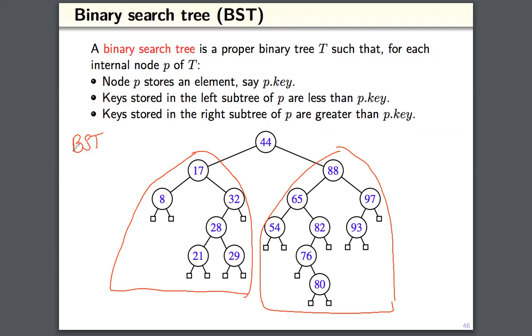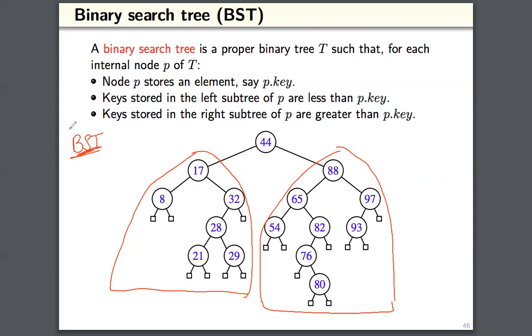Typically, when we say BST, we mean binary search tree, right? If you want to mean balanced search tree, use it as balanced search tree. Do not shorten it as BST. Most books use this convention, and we are following it, but yes, it's confusing.